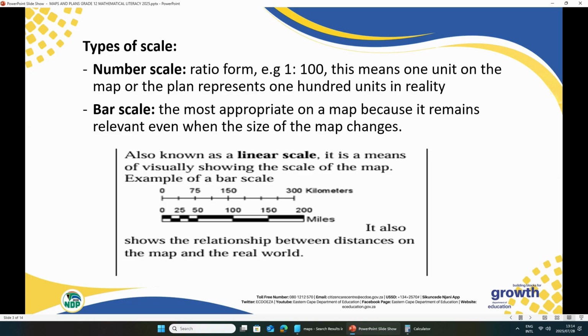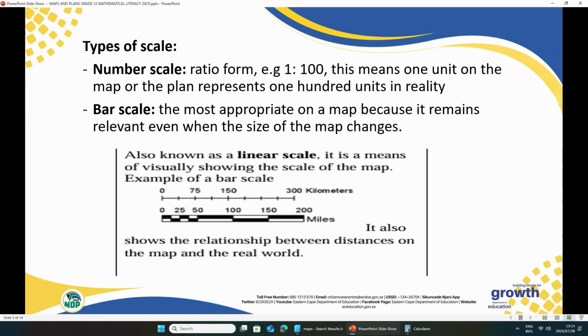That means the bar will also reduce in correspondence to the map, whereas the number scale does not do that. So the number scale becomes irrelevant if the map size changes. And you will find that the bar scale is mostly used only on maps, and the number scale is used on both maps and plans.